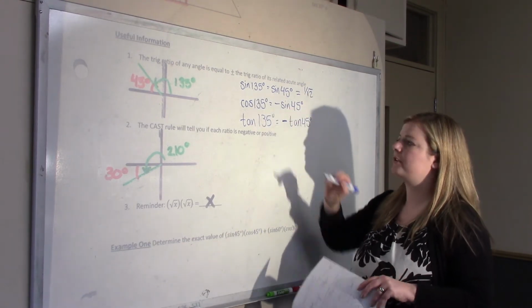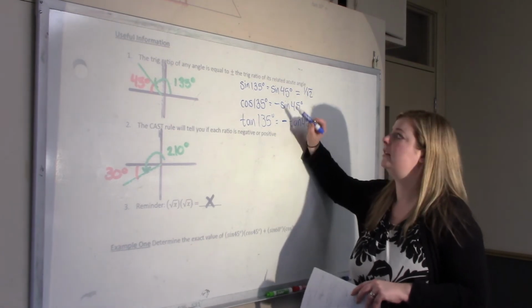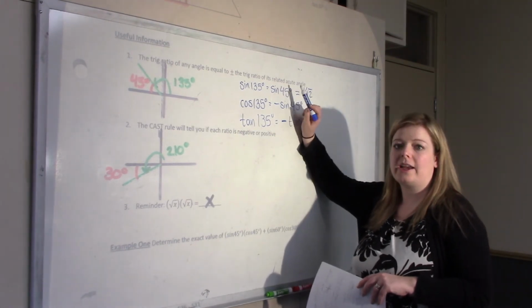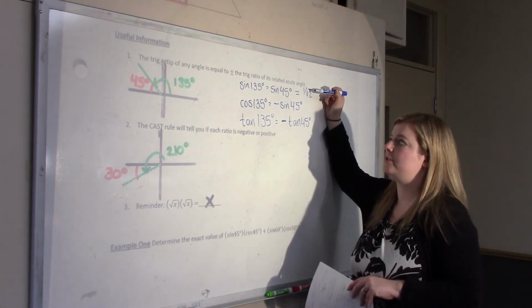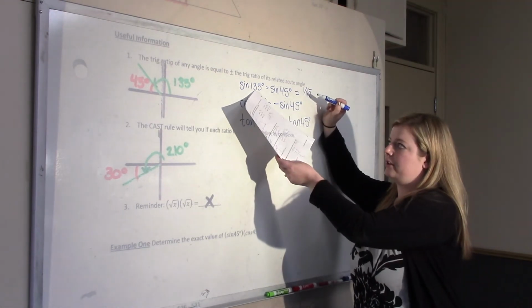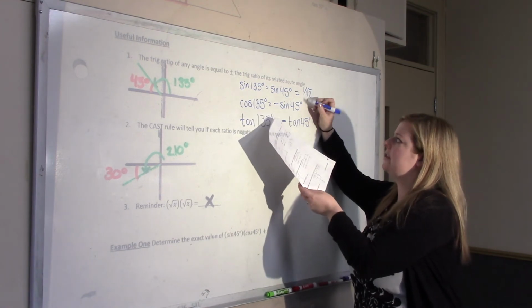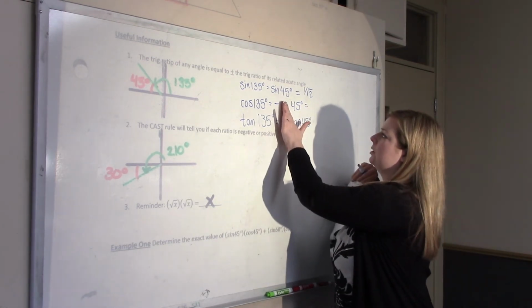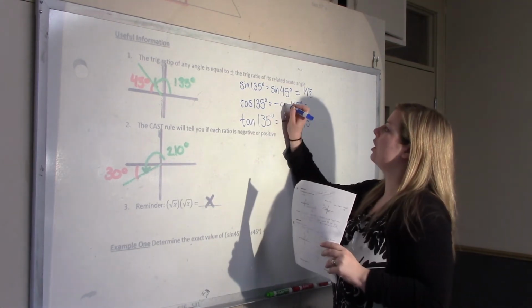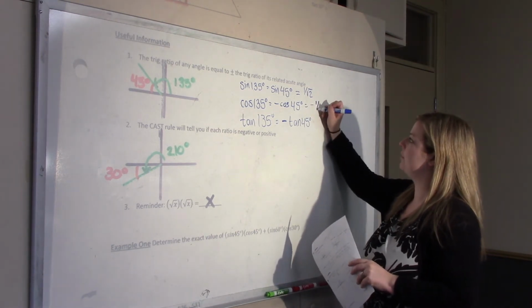So the sine of 135 degrees, because it has a related acute angle that is from one of our special triangles, we can use that special triangle to come up with 1 over root 2 as the sine of 135 degrees. So cos of 135 degrees is just negative whatever the cos of 45 degrees is. So that's going to be negative 1 over root 2.